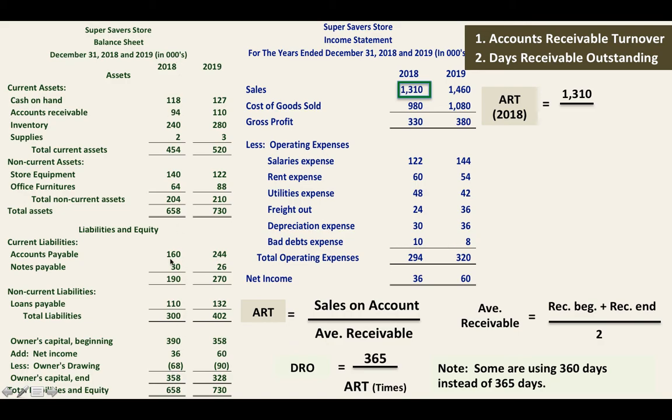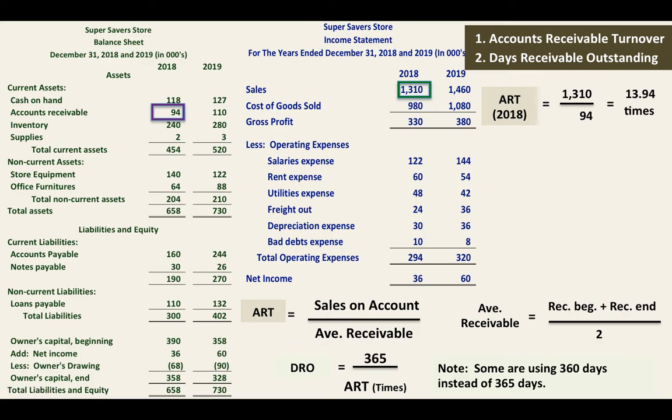So inasmuch as we don't have the beginning, we will just use the ending of 2018, which is 94. So our accounts receivable turnover is 13.94, and it has to be expressed in times.